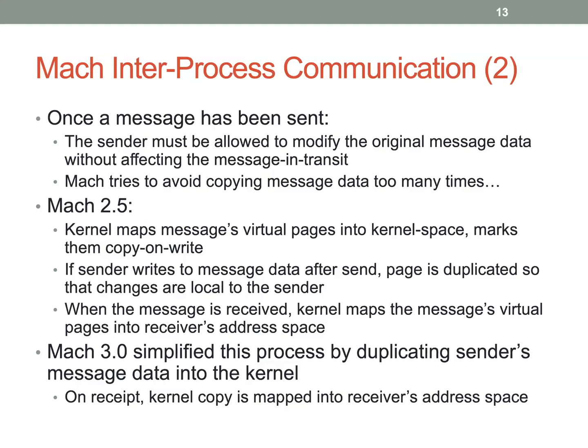And then that kernel buffer can be mapped into the receiving process's address space. So now you only have one copy, but you definitely don't have 0 copies. And what you'd really like is making 0 copies, because that's the fastest option of all. Okay. But you can see how this is a heavyweight abstraction. It's not cheap by any means to build something like this for passing messages to other processes.